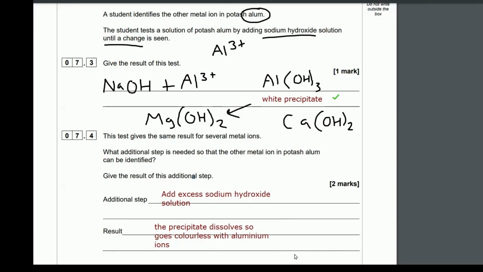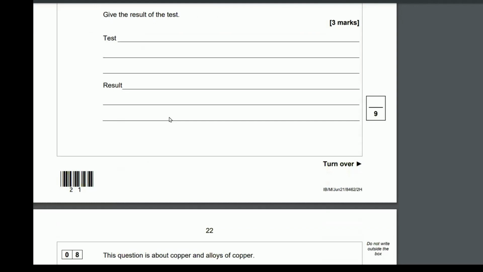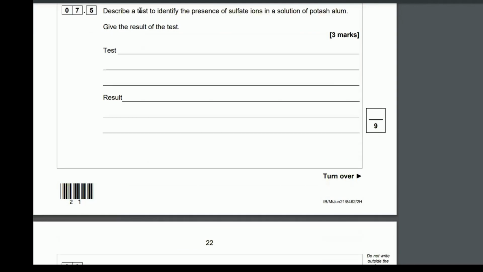So I didn't even need to say that. I could just say add excess sodium hydroxide, the precipitate dissolves or disappears, or it goes colorless, basically. Super. It won't do that with the calcium hydroxide or the magnesium hydroxide.